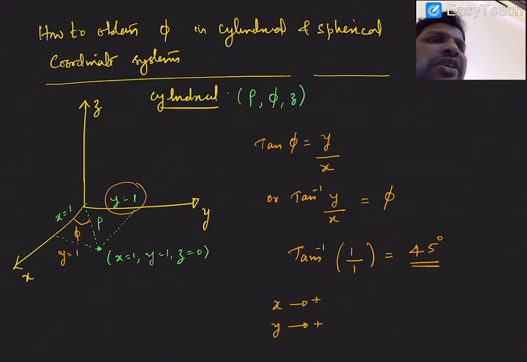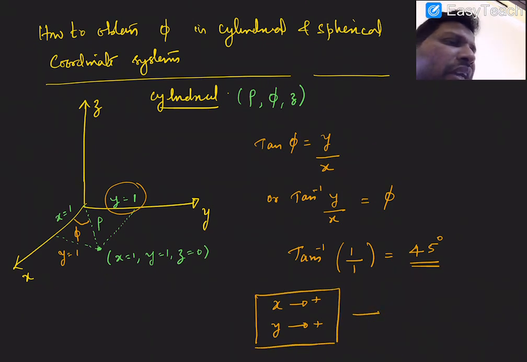Now we will consider another case. You can see here that both x and y are positive. That means it is in the first quadrant. Next, we will see x become negative and y become positive.